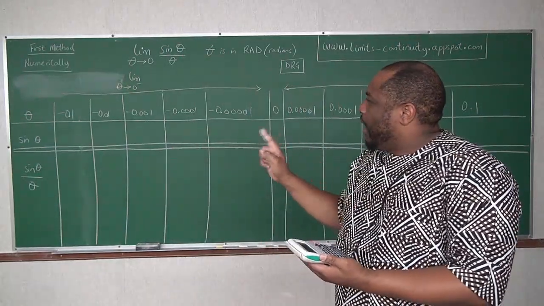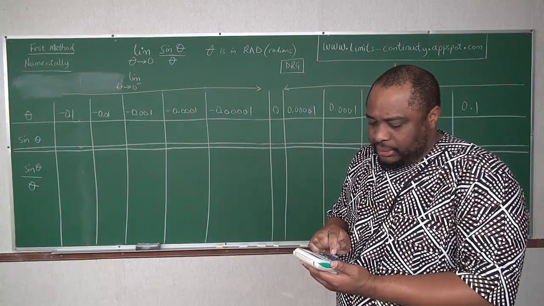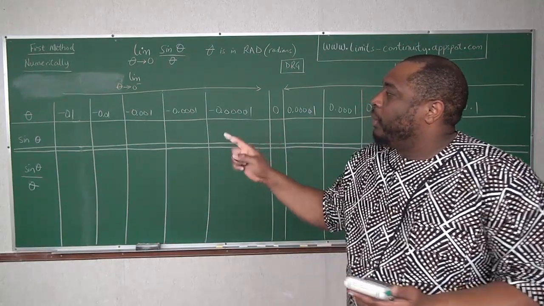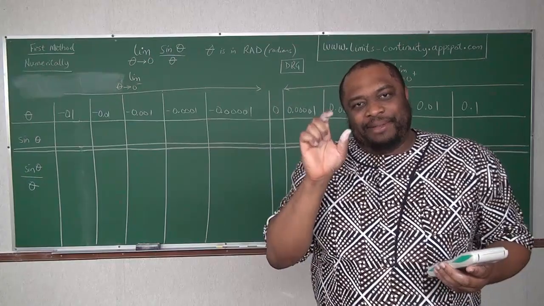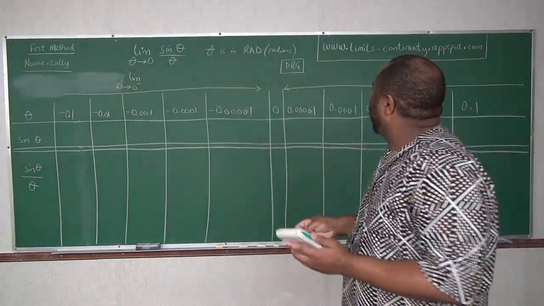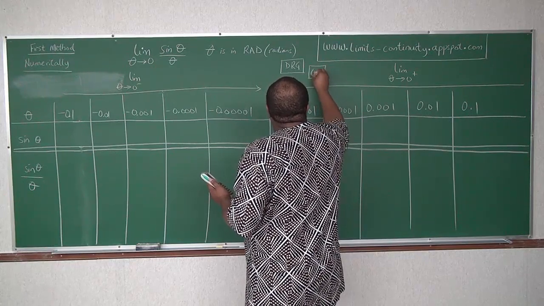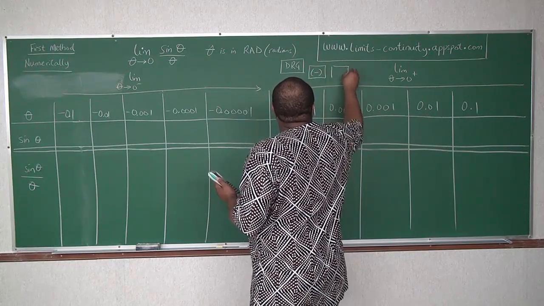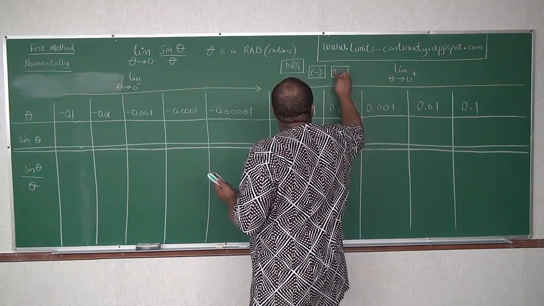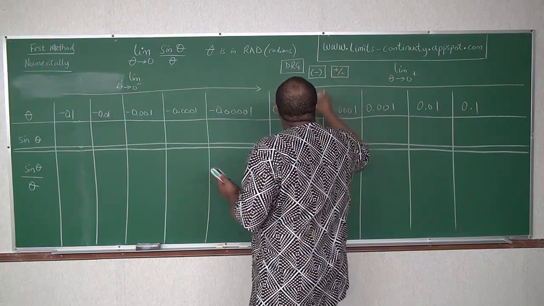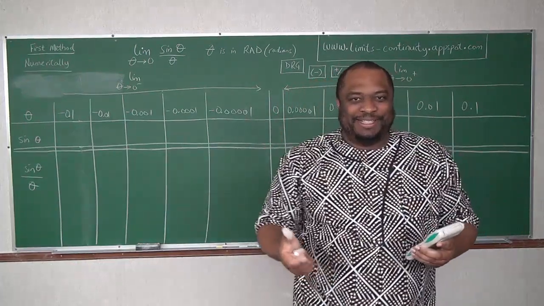I'm going to do sine of negative 0.1. Now the negative in your calculator is the one like this. Some calculators have it like this, plus minus. So don't use the minus sign.